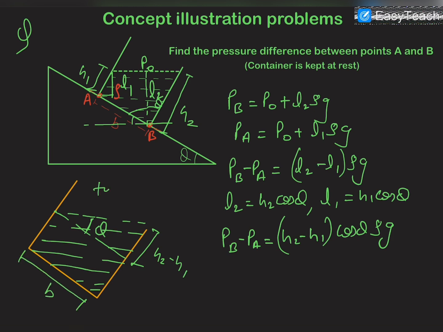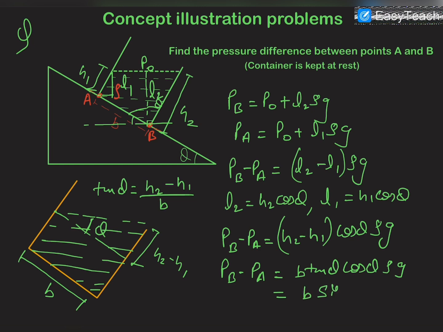So we can say that tan theta is equal to h2 minus h1 upon b. So h2 minus h1 is b tan theta. So PB minus PA is equal to b tan theta cos theta rho g. Tan theta is sine upon cos, so this will be b sine theta rho g. So this will be the difference of pressure between B and A. Now let us move on to the next question.